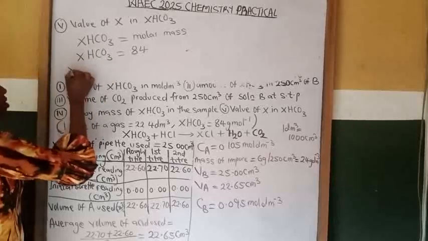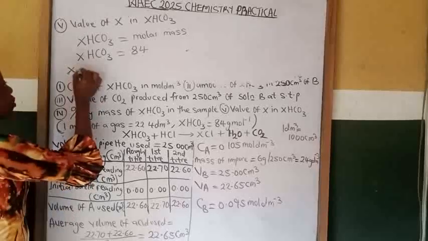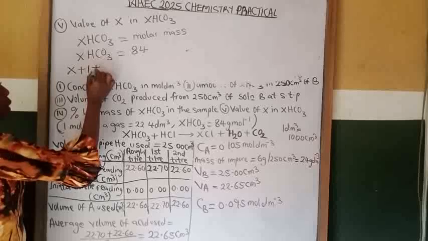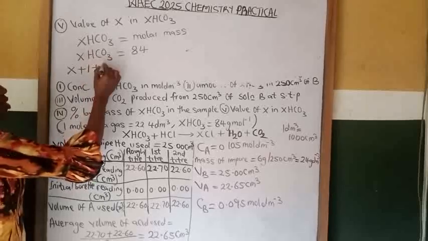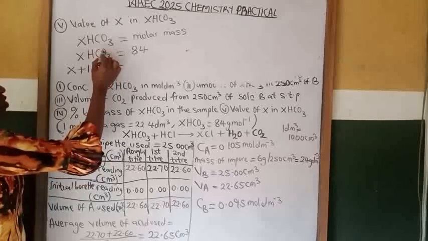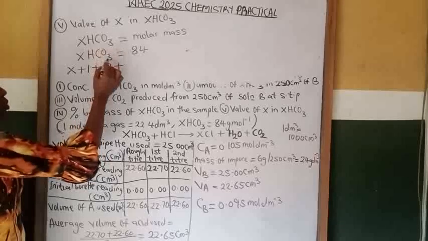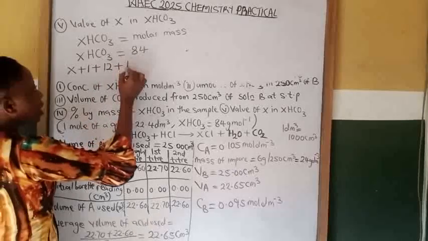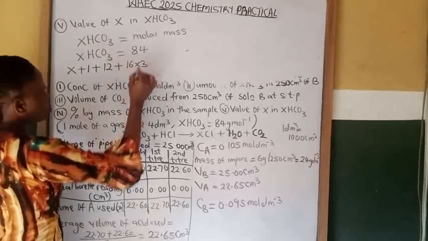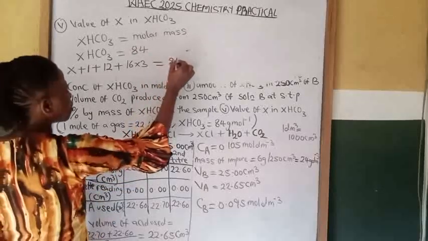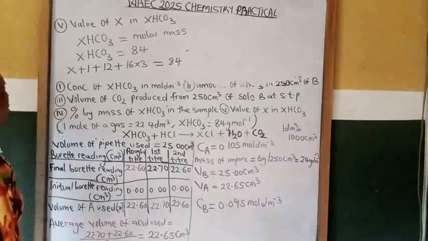So X is unknown, I'm looking for X, plus the atomic mass of hydrogen is 1, plus the atomic mass of carbon is 12, then plus the atomic mass of oxygen is 16. But we have 3 atoms of oxygen, so that will be 16 times 3, equal to 84.